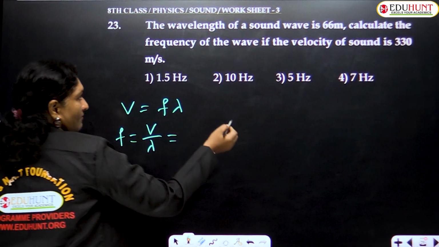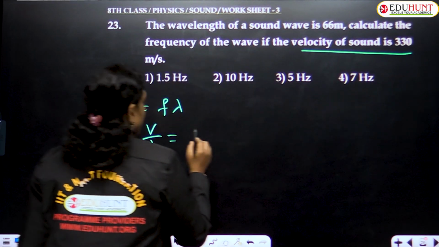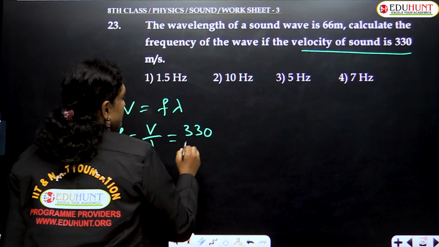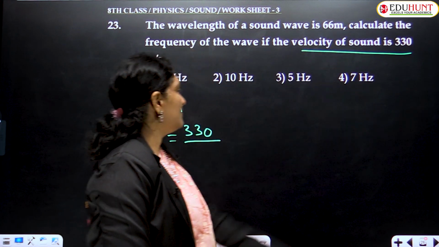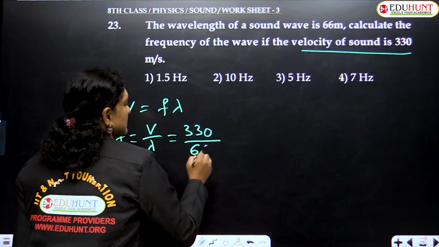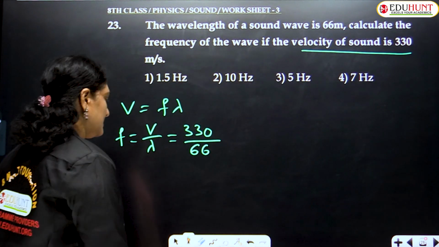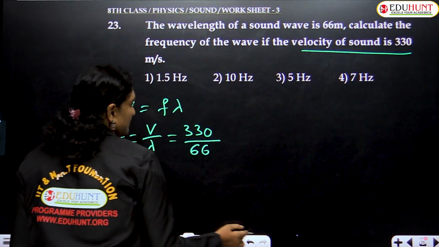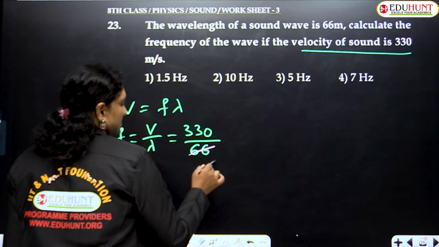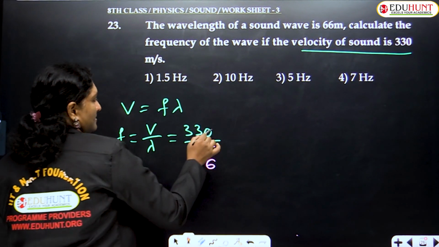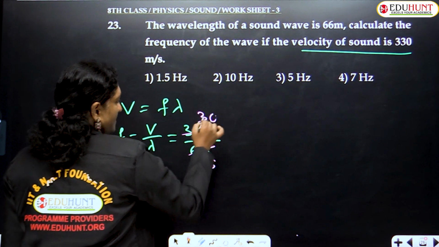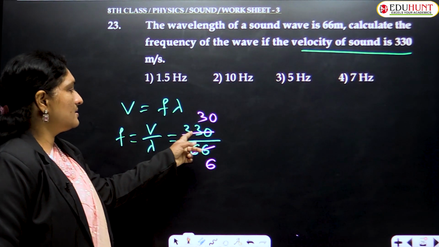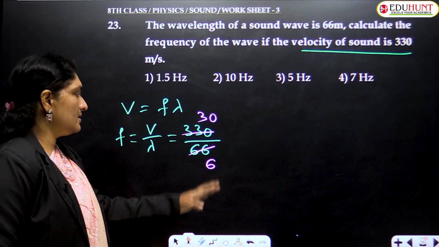The value of V, velocity of sound, is given as 330 meter per second, and the wavelength of the sound wave is given as 66 meter. Both were given in SI system. So let us simplify this. This goes 6 times with 11, and this goes 3 times, so 30 times. 11 3s are 33, 0, and 11 6s are 66.